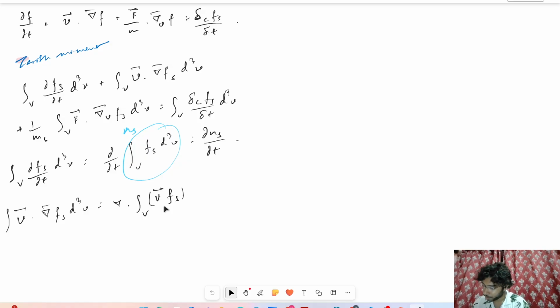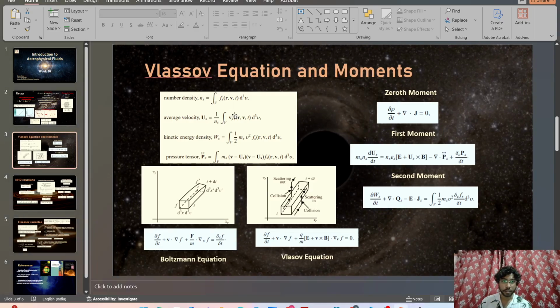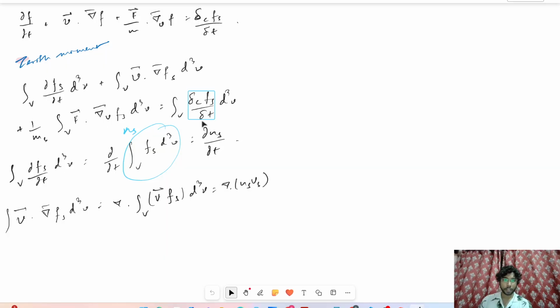So this will be the same as del dot the integral of v f_s d3v, and this will be n_s u_s, where u_s is the average velocity, by definition. Using that definition, we get this.